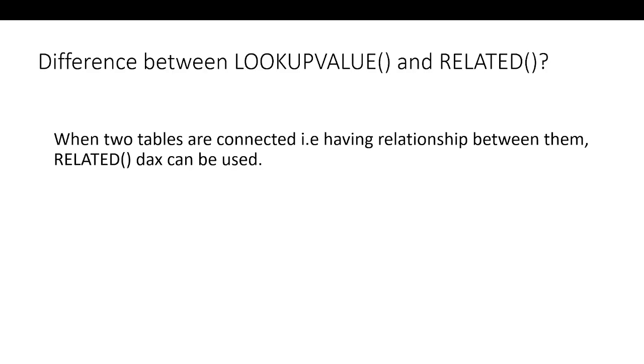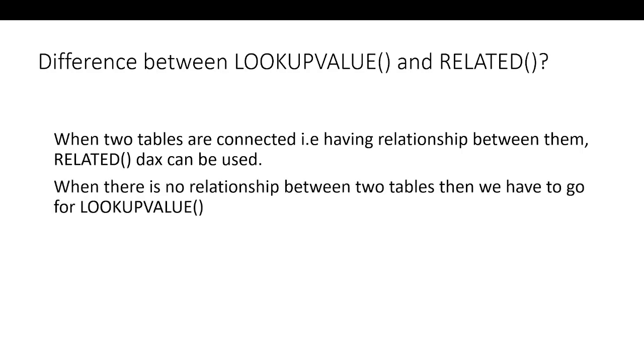When the two tables are connected, that means there is one common column or common attribute, a primary key and foreign key relationship, at that time we can use the RELATED function. Based on that common attribute, we can use the RELATED DAX function. But in case of no common attribute, we use the LOOKUPVALUE function. That means if there is no common column between two tables, then we go for LOOKUPVALUE.